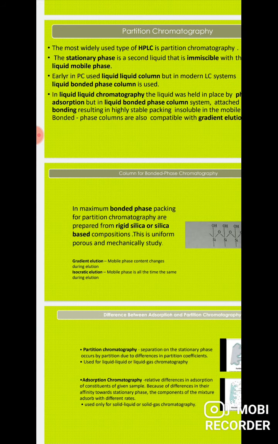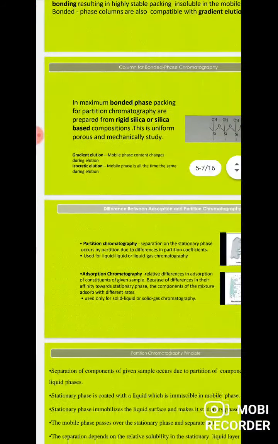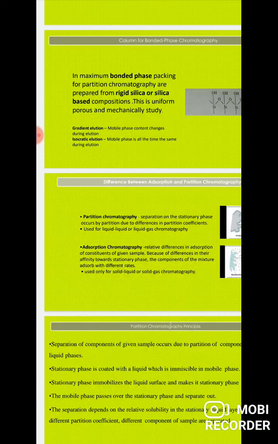Bonded phase columns are also compatible with the gradient elution technique. In most bonded phase packings for partition chromatography, they are prepared from rigid silica, which is uniform, porous and mechanically sturdy.